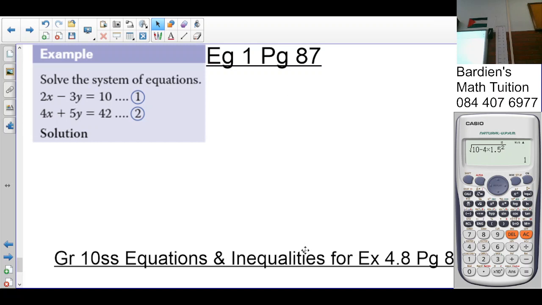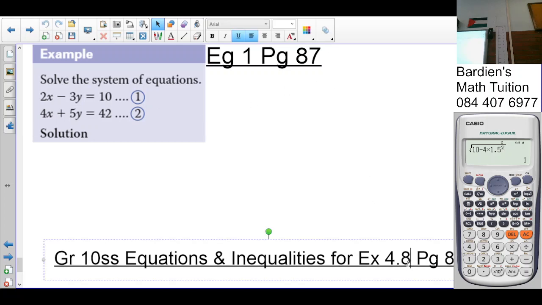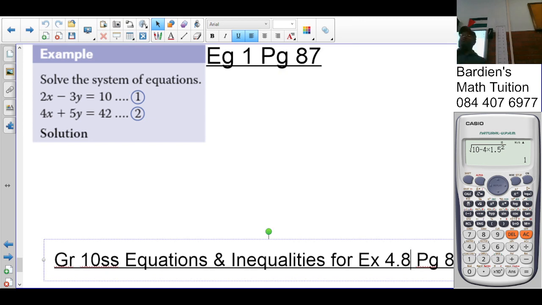So we're now on examples for 4.9. Okay. So with that, we also acknowledge that there were some sums in 4.8 that you had to use the substitution method for, correct?